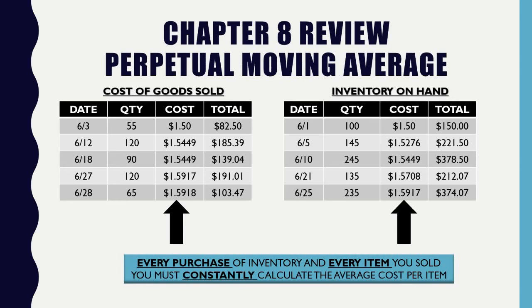And then, of course, lastly, we talked about moving average, where you're constantly calculating the average cost everywhere you go, whether you make a purchase or whether you sold, because at the end of the day, what you're trying to do is figure out what your average cost per item is and not focus on which batch came first, which batch came last. So that's the idea here.